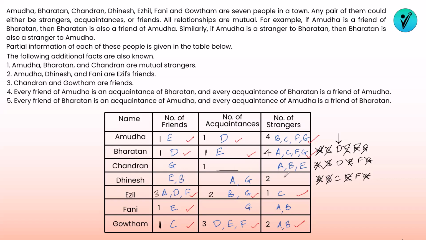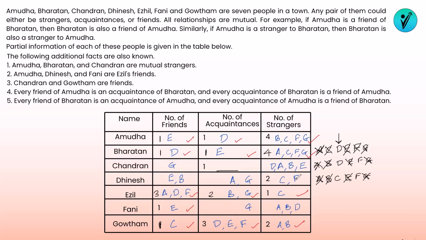Now, we know that D has 2 strangers, which are C and F. Those are the only 2 remaining, which means this will be filled with C and F. Going alongside, D and C are strangers. That means C and D will also be strangers. And D and F are strangers, which means F and D will also be strangers.